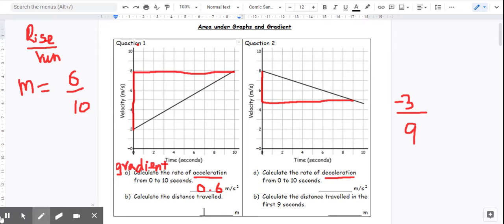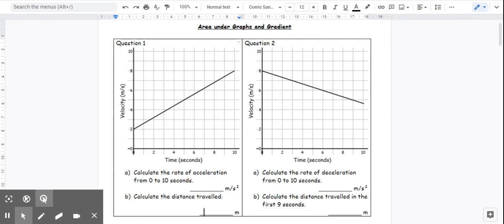And finally, let's calculate the distance traveled. As mentioned in the video earlier, the distance traveled is the area under the graph. So the total distance traveled is from 0 until 40. That's the area underneath.